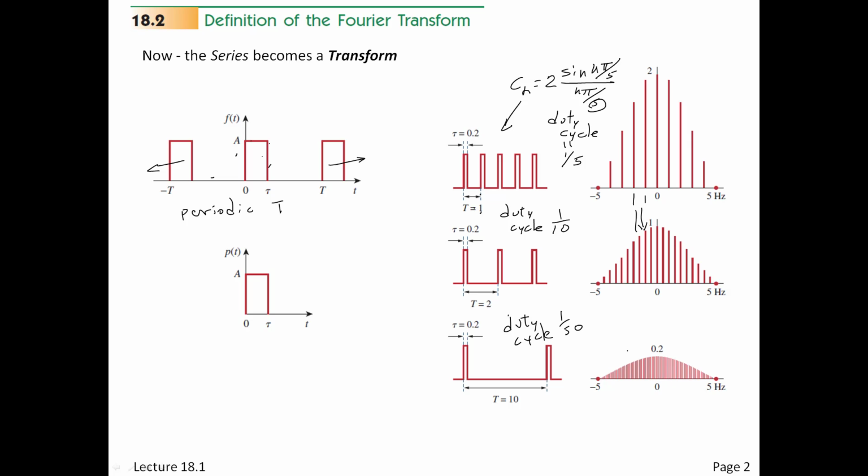Now we've really filled in a lot of frequencies here. One thing you might observe is that magnitudes are down: this is less than this, which is less than this.